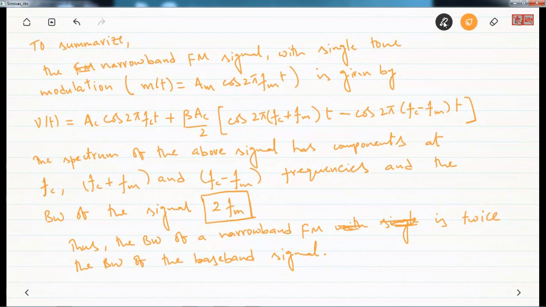So that sort of completes our discussion of narrowband FM signal.